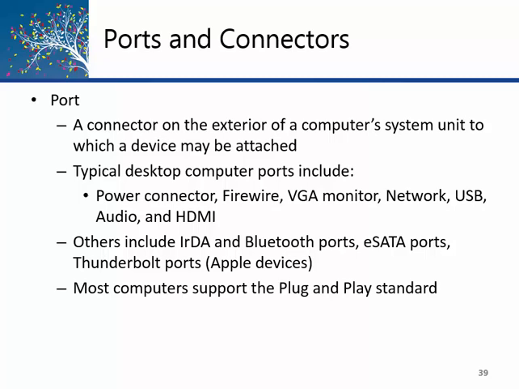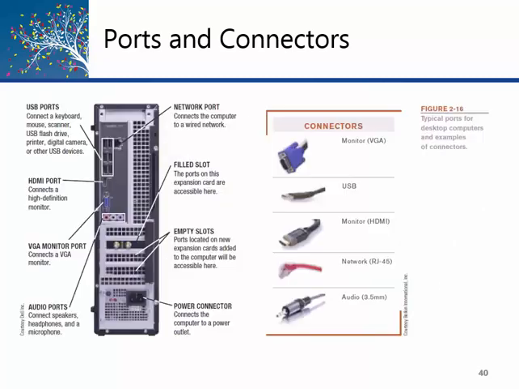Port is the name that we give to the place on the system unit where you plug things in. So the USB is a port you can plug into. The monitor plugs into a video card. All these slots and open spots are called ports. And connectors are the term for the part that plugs in.